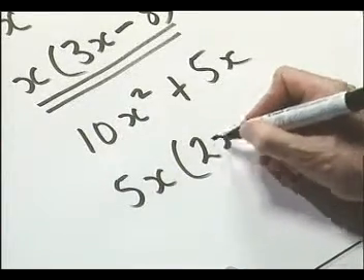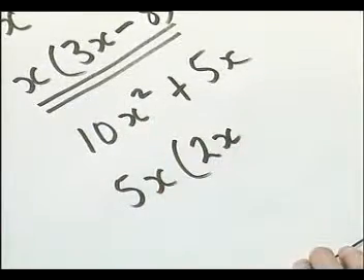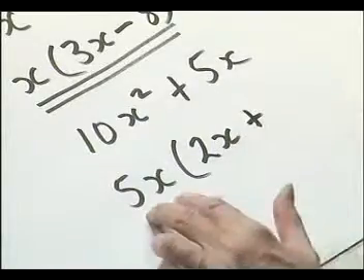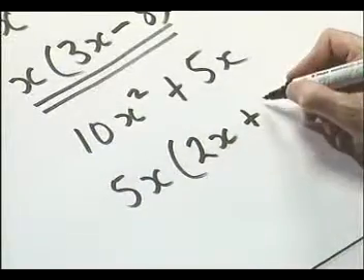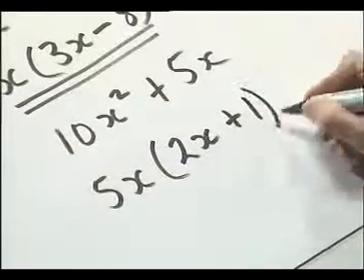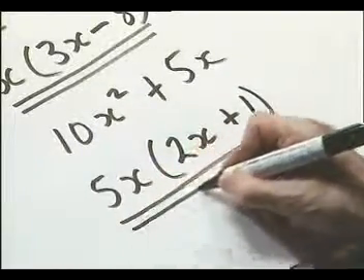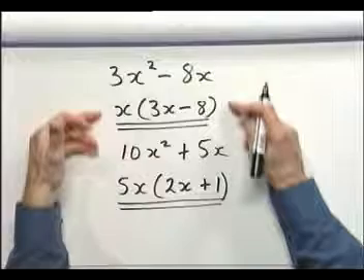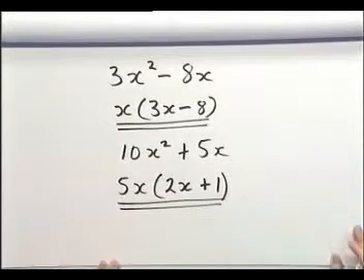So that's 5x times by 2x will give us the 10x squared, plus 5x times by something to give us 5x. That must just be 1. So long as we remember to inspect the quadratic expression first and check for common factors, this particular one shouldn't cause us any difficulties.